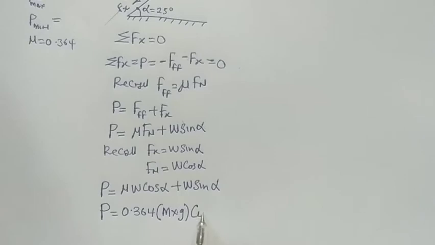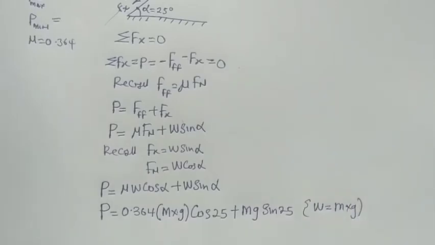They will have our cos 25 degrees plus mass times gravity sine 25 degrees into brackets. W is equal to mass times gravity. That is our weight.